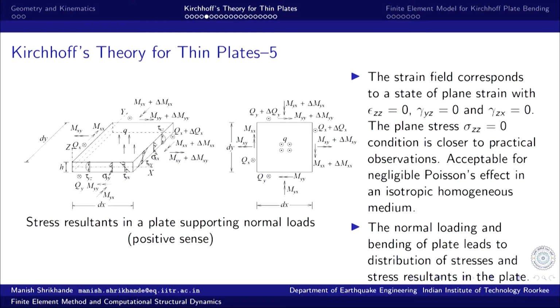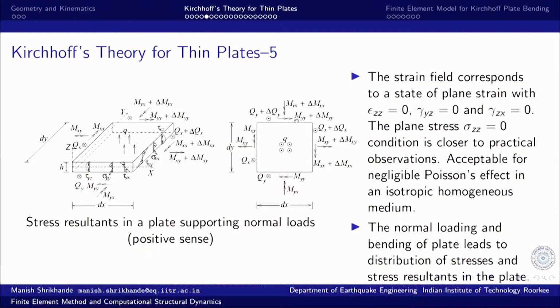So, normal loading and distributed bending of the plate lead to the distribution of stresses and stress resultants, as we show here in this sketch, and using this distribution of stress resultants we can now establish the equilibrium equations.